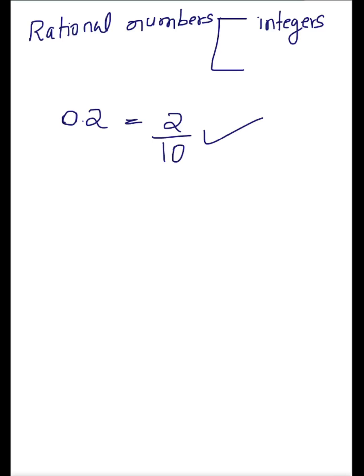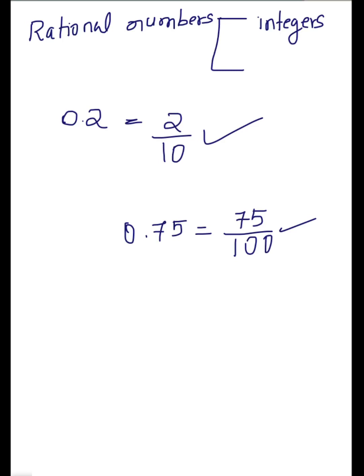Let's take another example. Suppose I am taking 0.75. This can be written as 75 by 100. It's again a rational number. So you can say that all decimals are rational numbers.